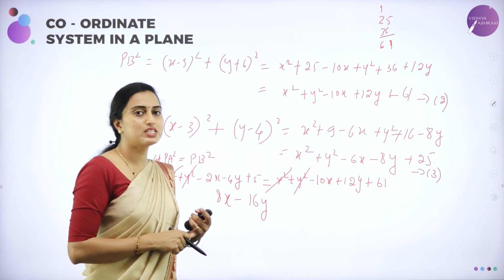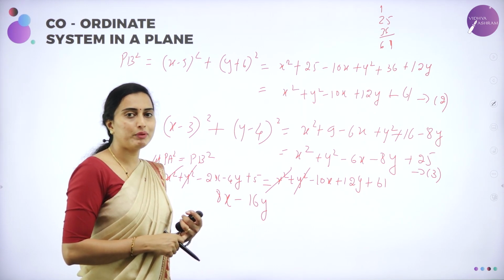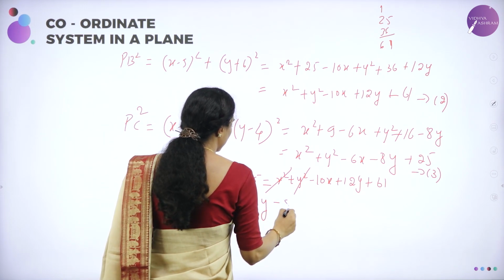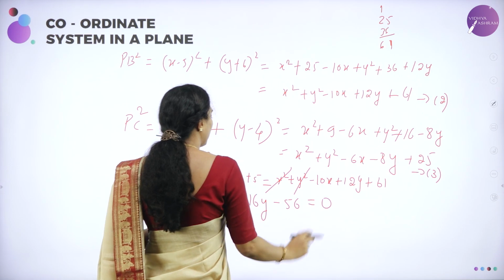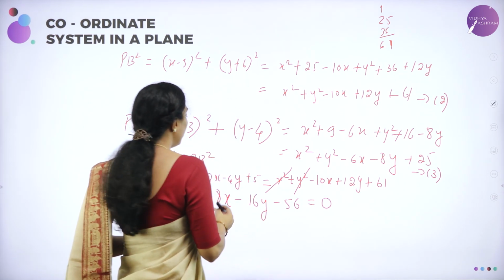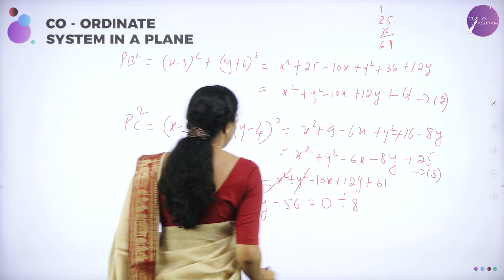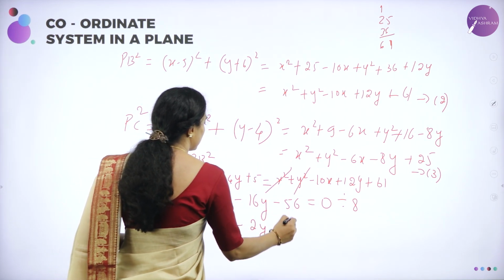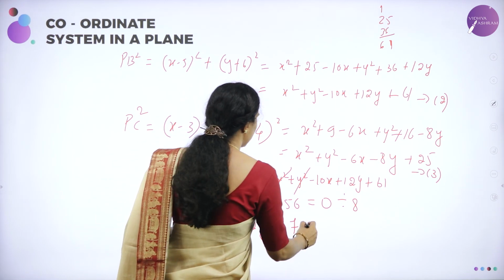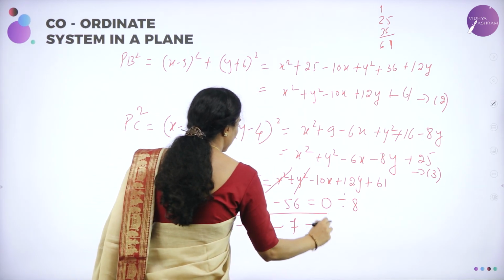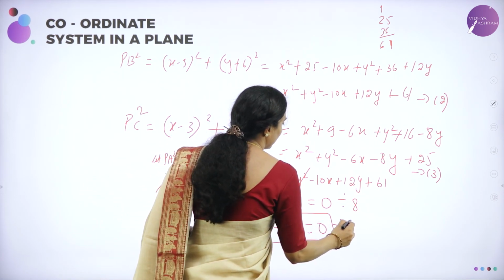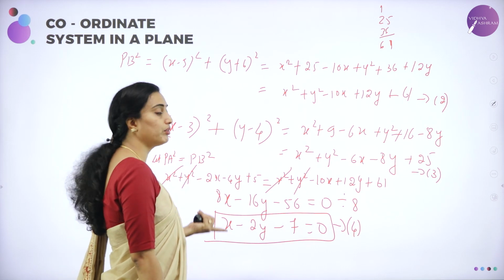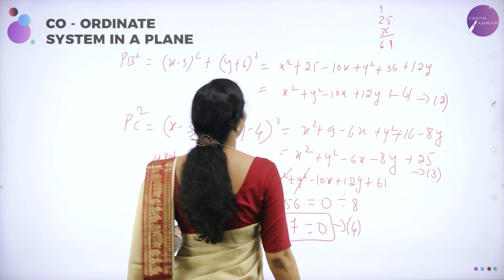So 61 minus 5 is 56, so minus 56 is equal to 0. Therefore you can divide throughout by 8. What happens? x minus 2y minus 7 equals 0, since 8 sevens are 56. Now call this equation 4. You have to remember this equation. I am going to write it here.